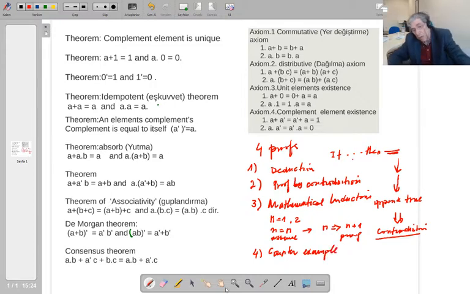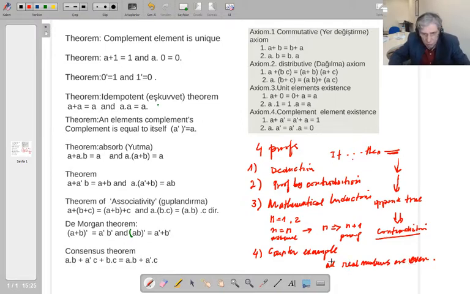So if you say that all the real numbers are even, it's not easy to prove that, but I can say this is wrong by giving a counterexample.